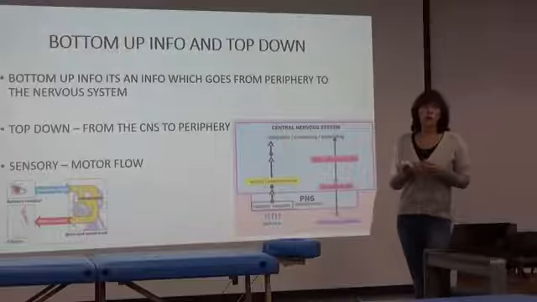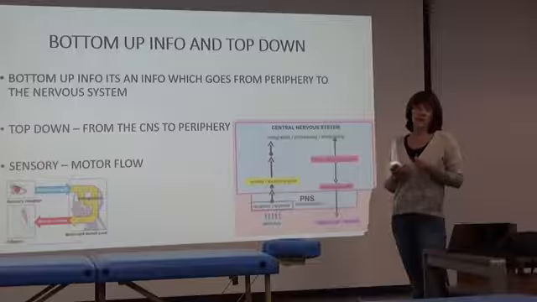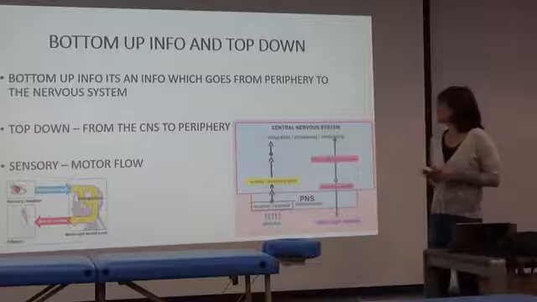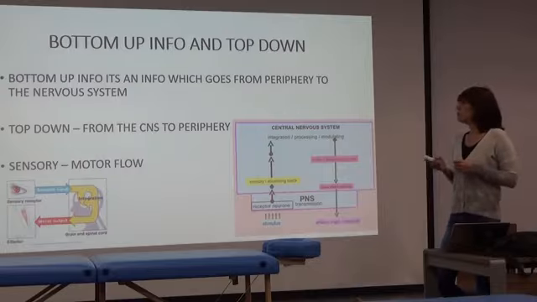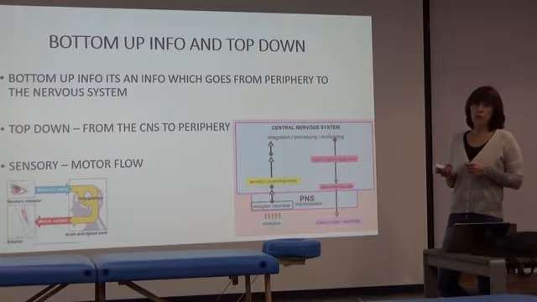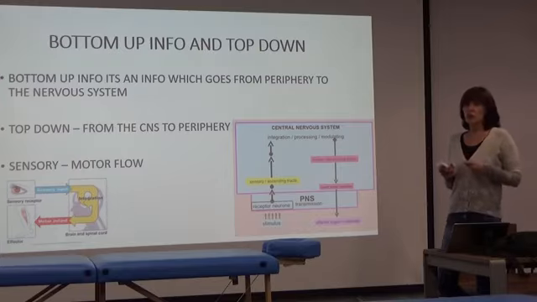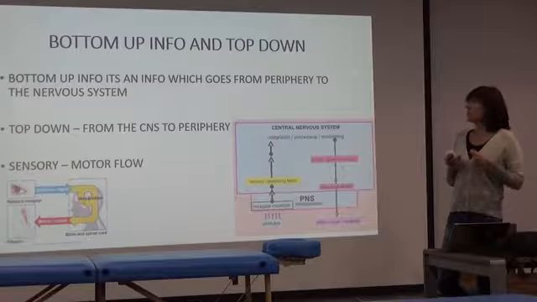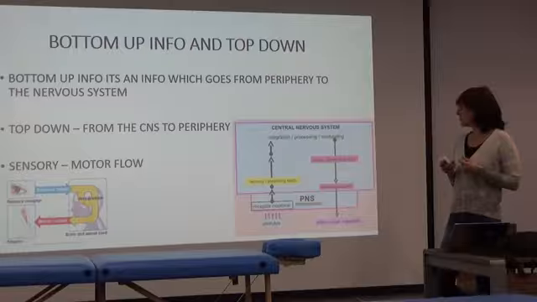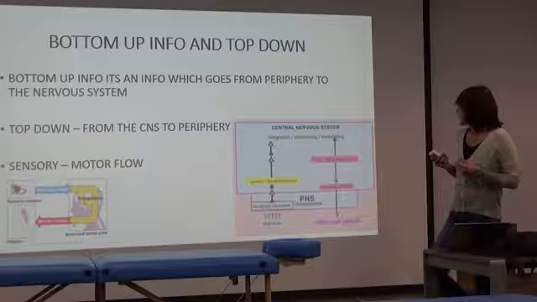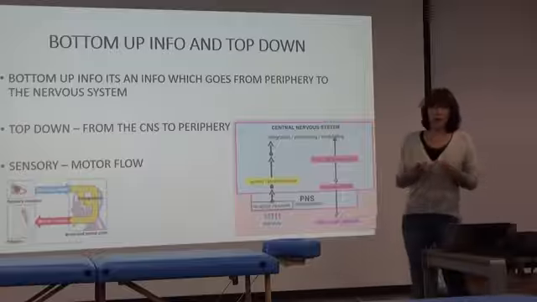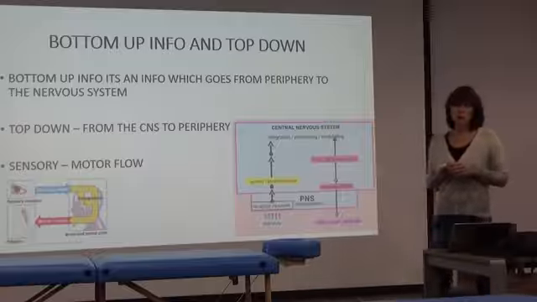And basically we've got two main streams of information flow. One is coming from the bottom up, from the external environment and from our internal environment to the nervous system, and then we get a top-down response from the central nervous system to the periphery. And mostly we communicate with the world through our muscles.